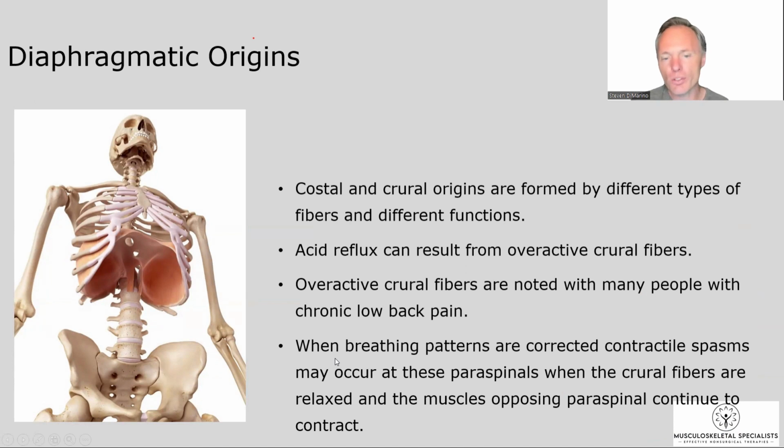Okay, diaphragmatic origins. We need to cover this though. You've got a costal origin and you've got a crural fiber origin. The crural fiber is here, and that's the legs of the diaphragm. Crural means legs, right? The talocrural joint, that's your ankle. So there's multiple origins of the diaphragm.